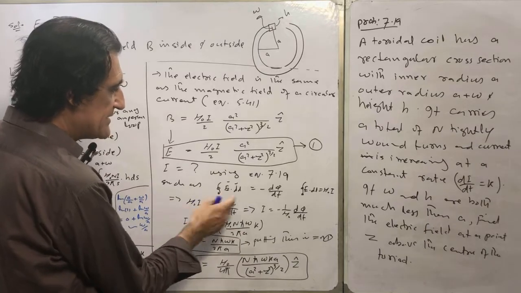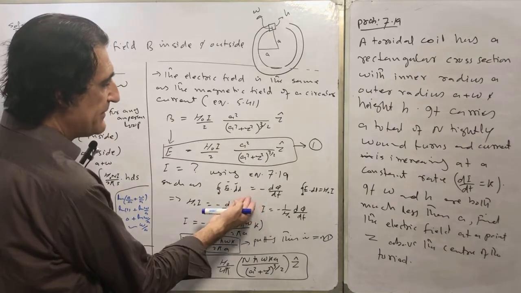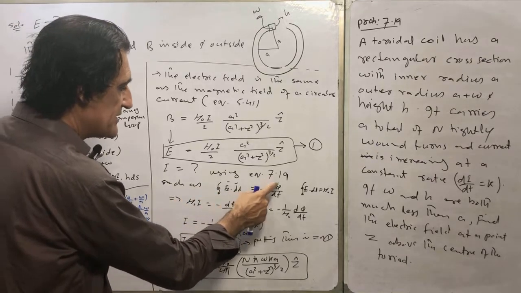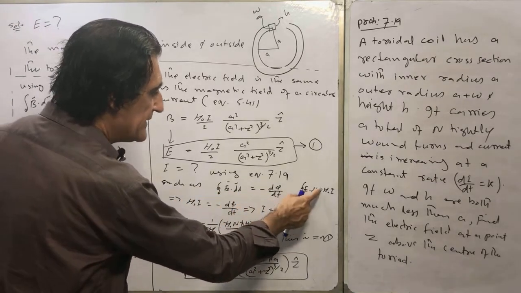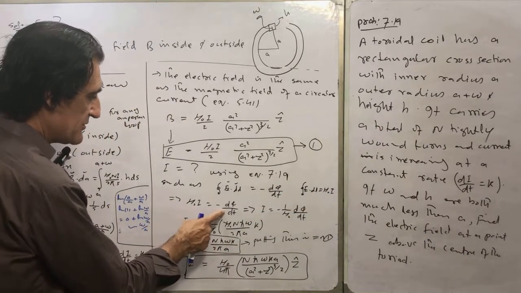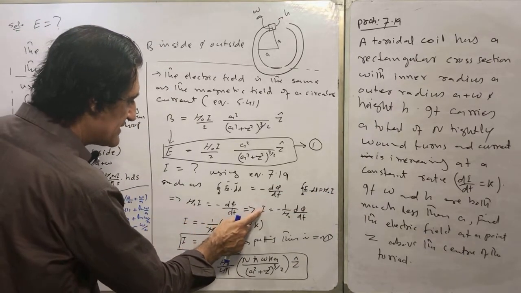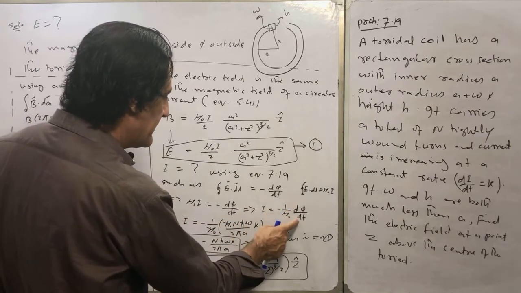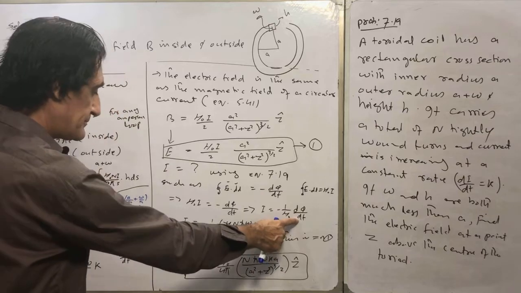Equation 7.19 states Faraday's law: E dot dl is equal to minus d phi divided by dt, and E dot dl is equal to mu naught I. So I is equal to minus 1 over mu naught times d phi divided by dt.